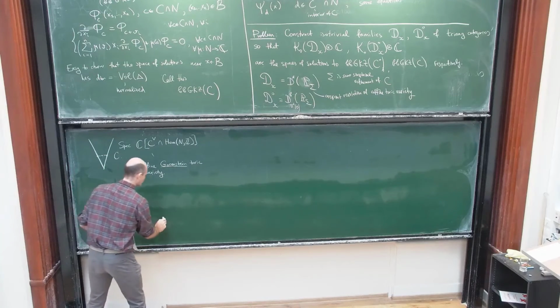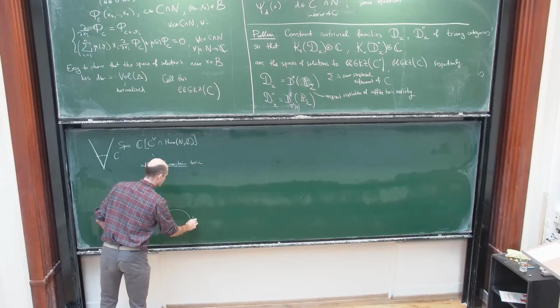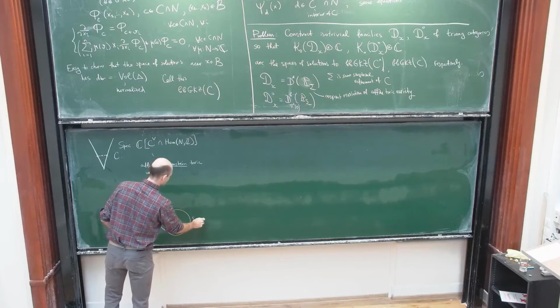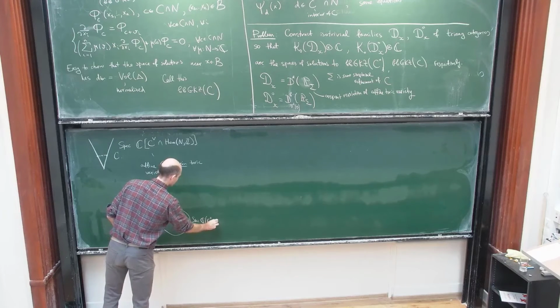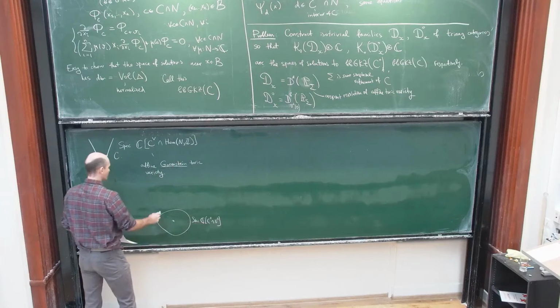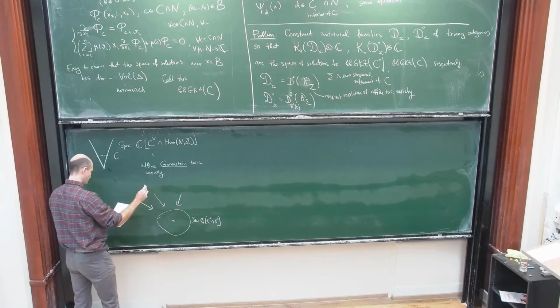So you have this variety, the Spec of C[C dual intersect M], and it has multiple resolutions of singularities.